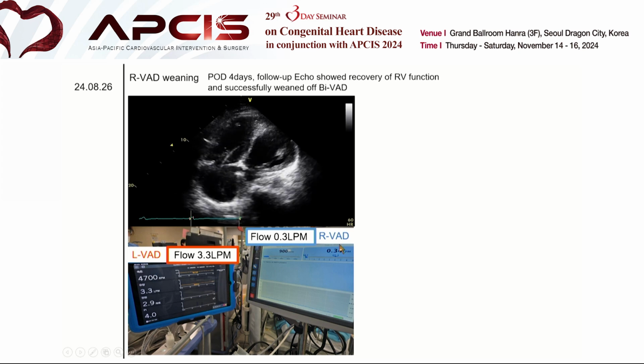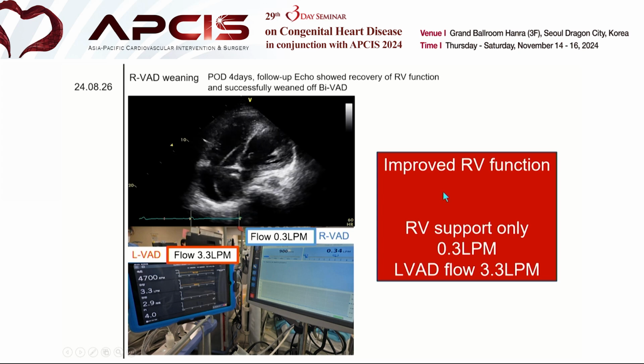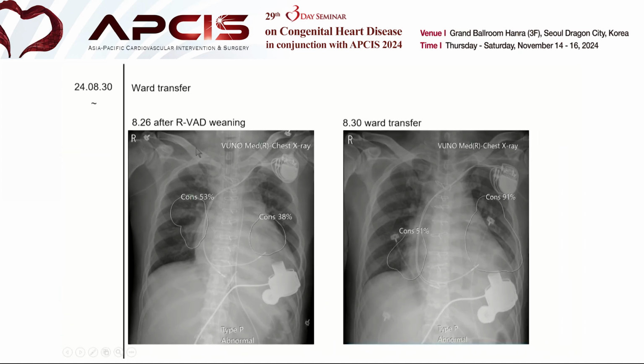So see, even though the RV support was only 0.3, the LVAD flow was stable. So with improved RV function and RV support only 0.3, the LVAD flow was 3.3. After we saw the RV function was recovered, the LVAD function was good.